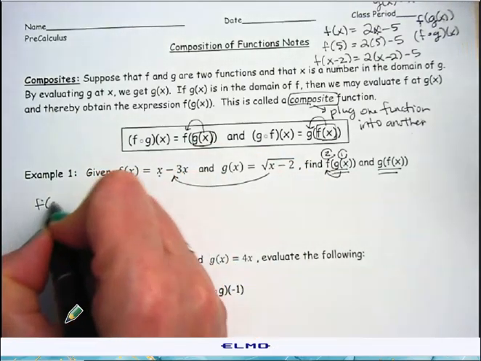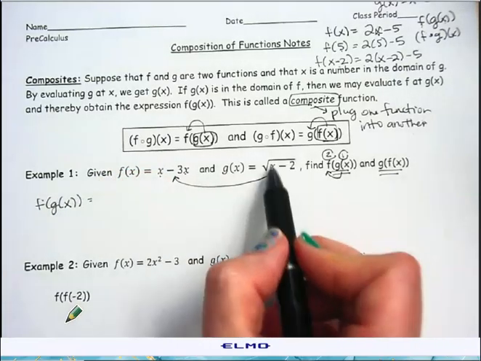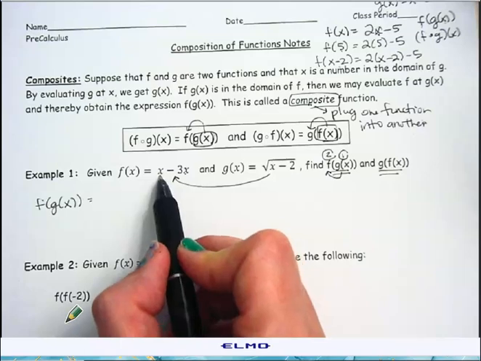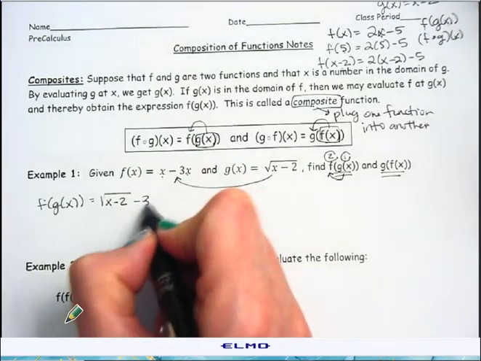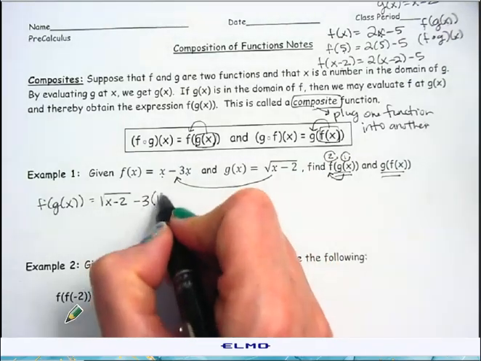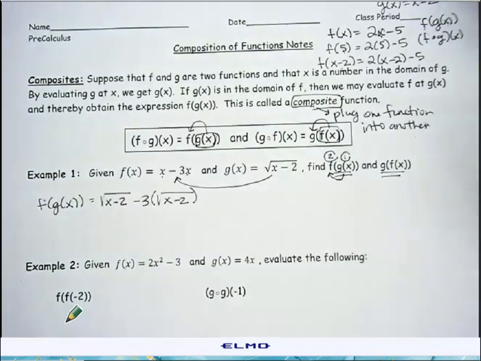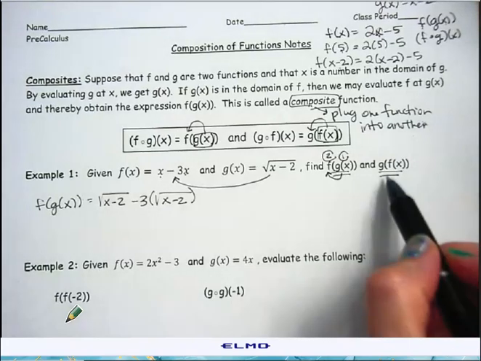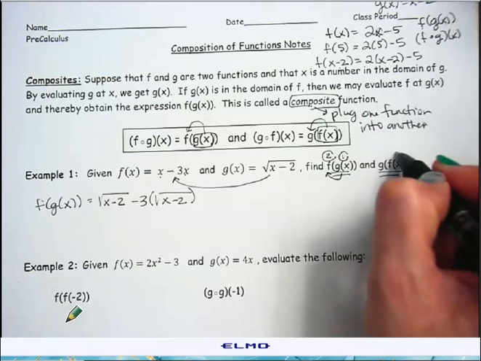So that whole function, square root of x minus 2, goes for this x, substitutes in there, and for this x. And we're not going to simplify or anything, we're just going to leave it like that. We're just practicing substitution. And then for this other notation, it's g of f of x. Well, it's still the same idea.